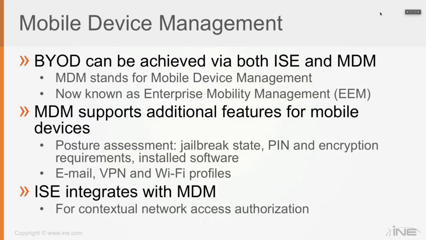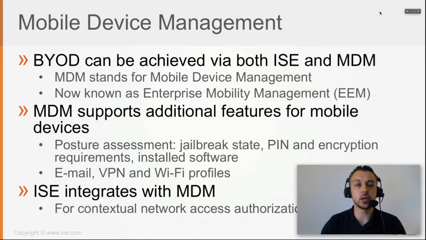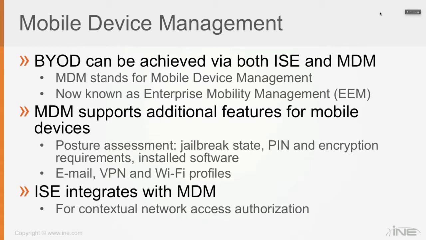So for that reason, ICE integrates with MDM to exchange information back and forth, so that we want to allow network access of mobile devices in the network, also by being aware and based on the health state and on the compliance state of that device with our corporate policies. So that's why we would integrate ICE with the MDM platform.